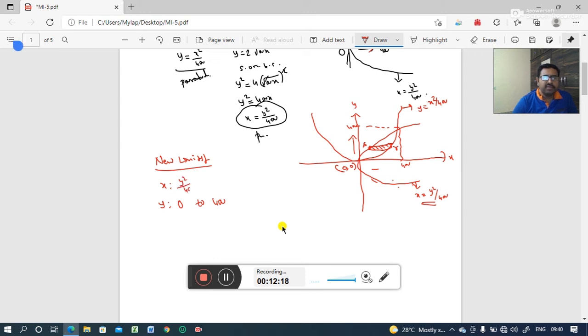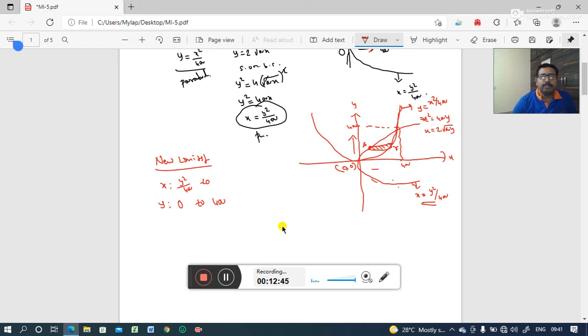So y square by 4a acts as the lower limit of x, and look at point R on this parabola. On this parabola, if you take the expression for x, you get x square equals 4ay, x equals square root of 4ay, which gives 2 into square root of ay.